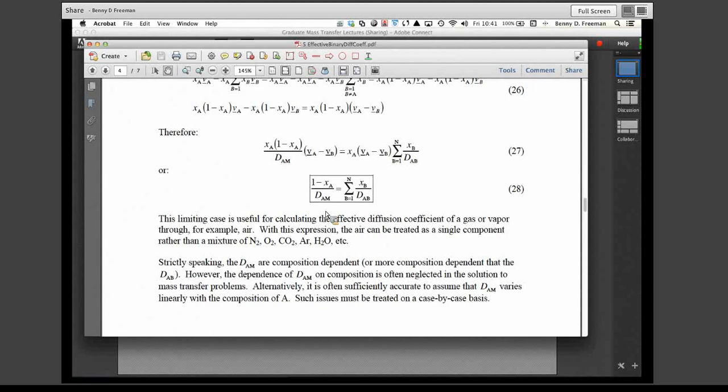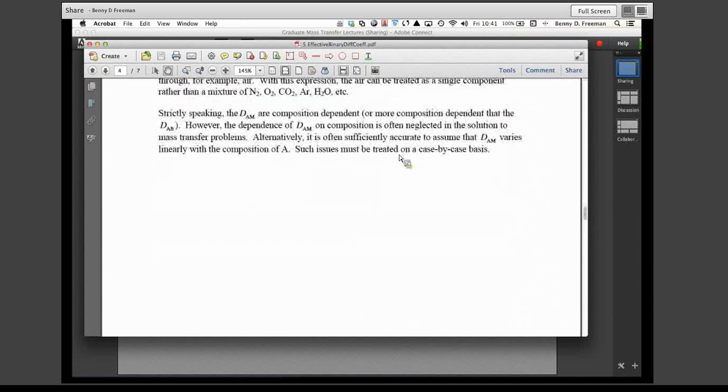The diffusion coefficient of that component of interest, the pollutant in the mixture of air, can be estimated from the binary diffusion coefficients of that pollutant in the oxygen, nitrogen, etc. in air. And so you can estimate the mixture diffusion coefficient based upon the diffusion coefficient of that component through binary combinations with the other species that are in the mixture.